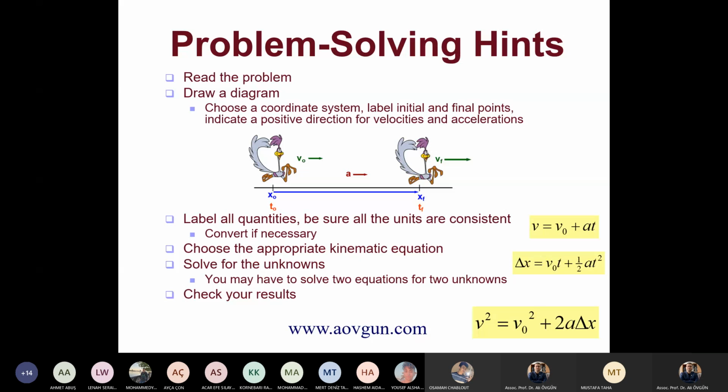So if they give you kilometers, you must convert to meters. Choose the appropriate kinematic equations. I showed you three kinematic equations, so you must choose the best one. And then solve for the unknowns. You might have to solve two equations for two unknowns. If there are two unknowns, you must use two equations simultaneously. And then check your result.